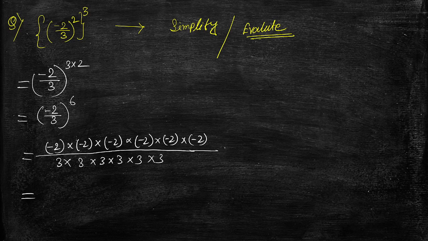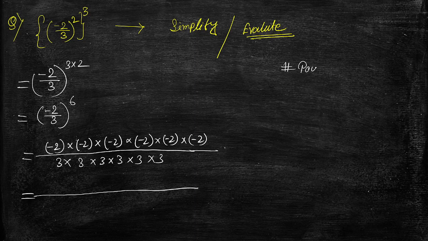Now multiply it. As I said, remember, for the negative sign, if the power is even, the final sign will be plus, because minus minus plus, plus minus minus, and so on.